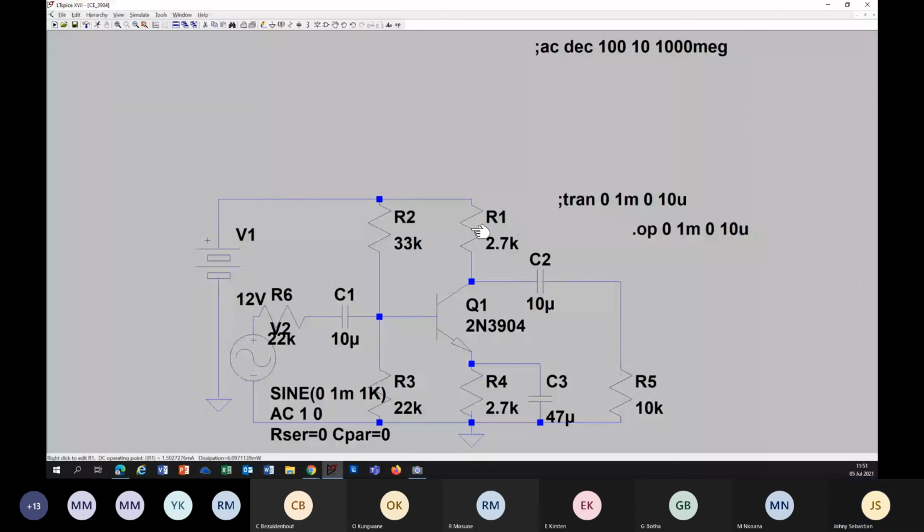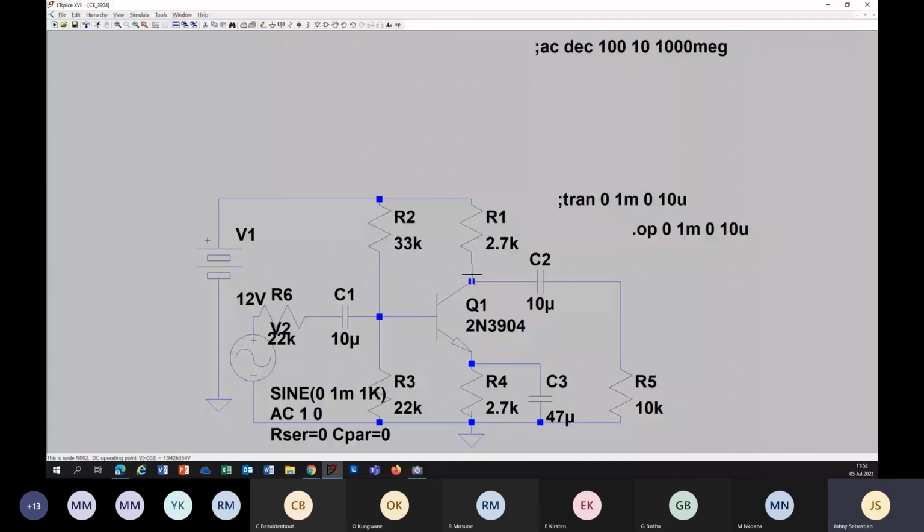You go to the BJT, look at the bottom. Power dissipation, it shows, but we need collector current. That is the node voltage of the collector. I'm trying to see the collector current.